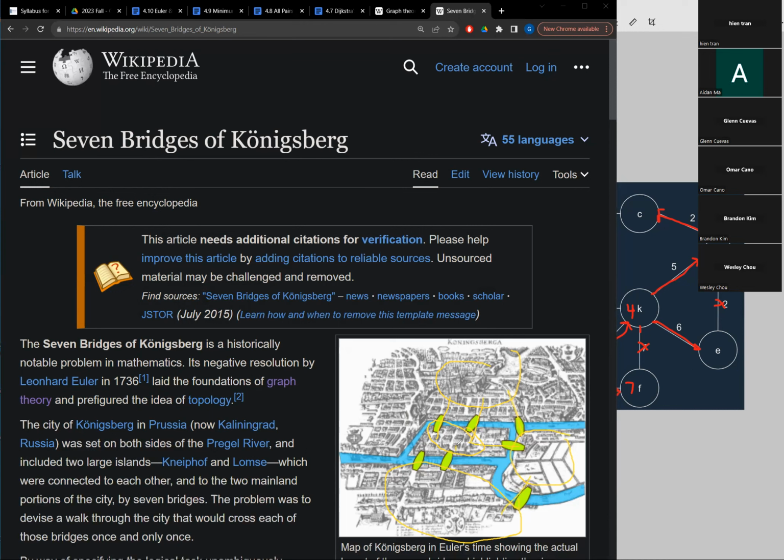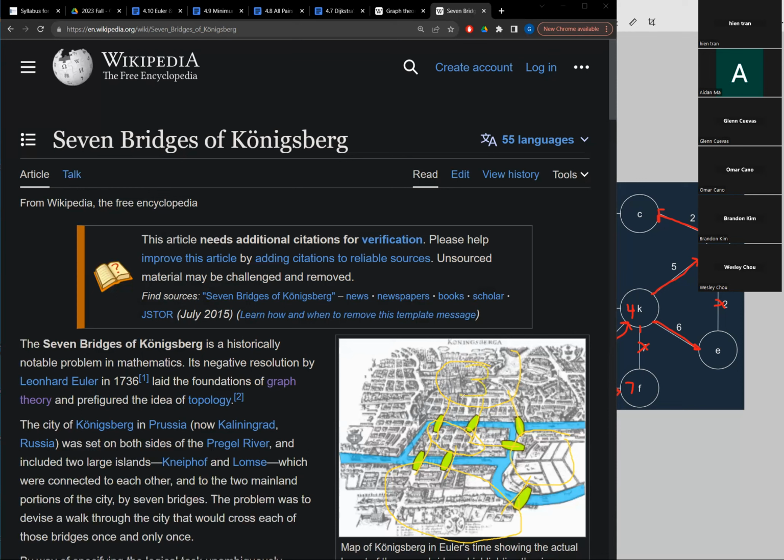And so there was a gentleman's bet to try to start somewhere and then traverse every single bridge exactly one time. The bridges are the edges in this graph here. So I applied some math here and basically look at the degrees, right?